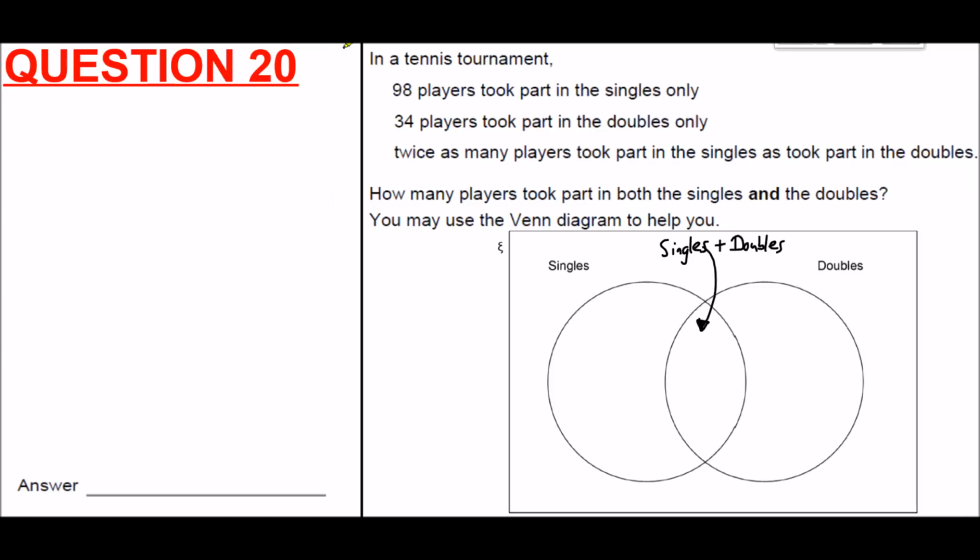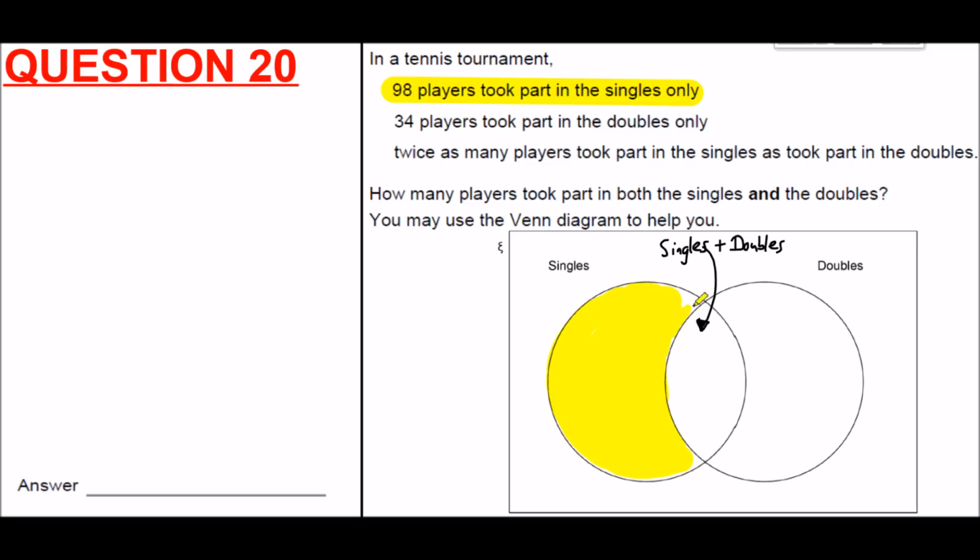So I'm just going to take the time to colour code some of this in here now. So for singles only, it's just this fraction of the singles circle. It doesn't include everything. It's just the part of the circle that only is for singles.